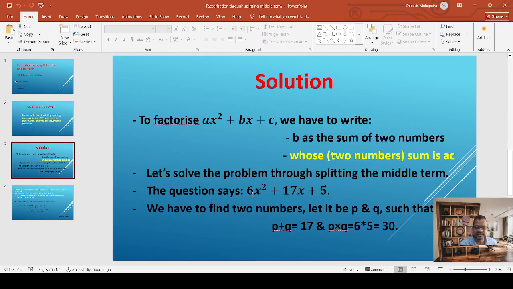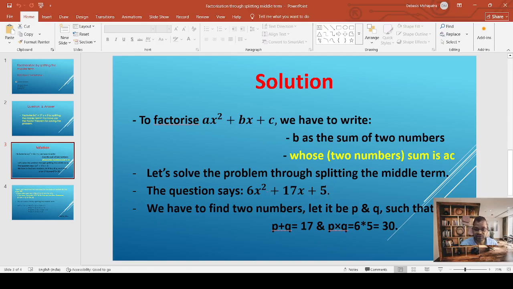The question says 6x square plus 17x plus 5. Here b is what? 17. So you have to find out two numbers. When we add those two numbers, we'll get 17. This is the first condition. And the second condition is that when we multiply those two numbers, it will be equal to a times c. Here a is 6 and c is 5.